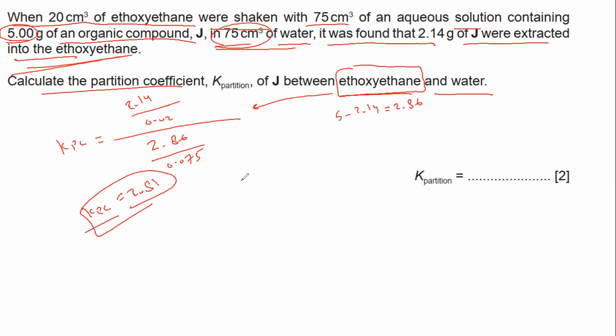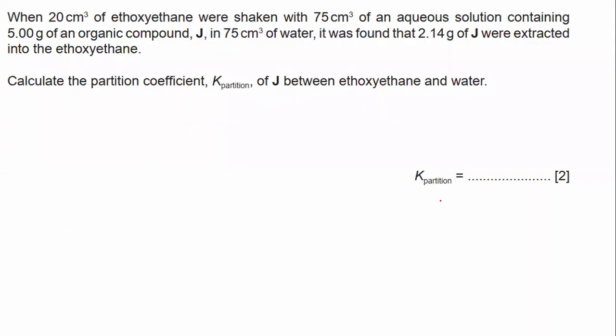So the first part of the question is over. As I told you guys, this question is a little bit hard. So this is KPC between ethoxyethane and water. Keep this in your mind. We will need it. Let's move to the next part of the question.